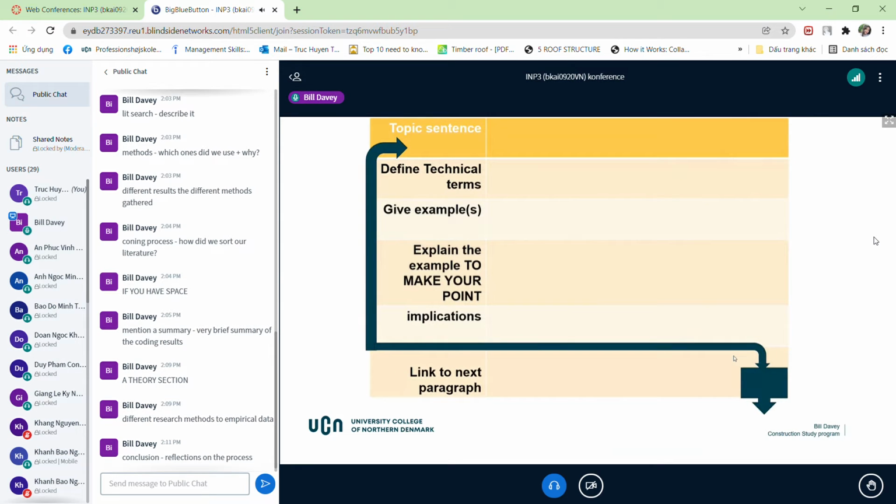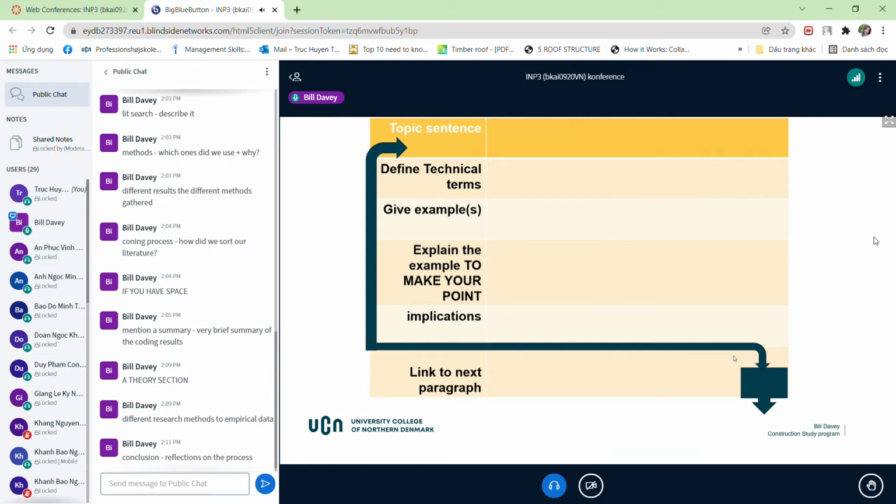So you could think of it this way as well. You can think of the paragraph as starting with a topic sentence. That might be your claim. It doesn't have to be. And then if you start with a topic sentence, you say something like, sustainability is a great challenge in the building industry. There's my topic sentence.